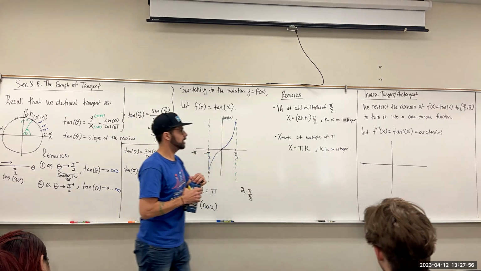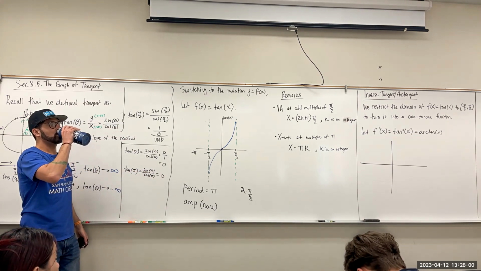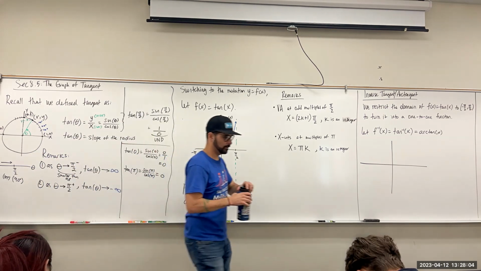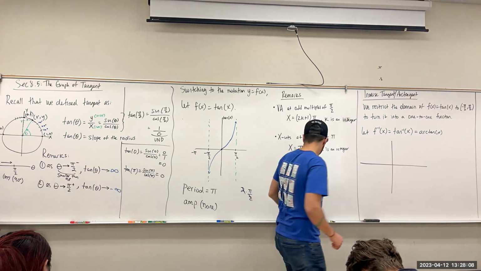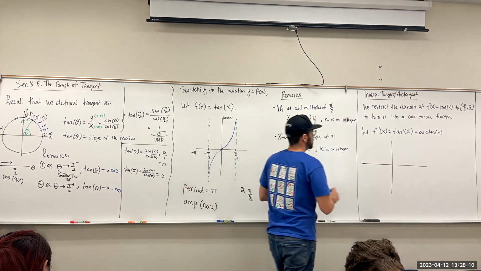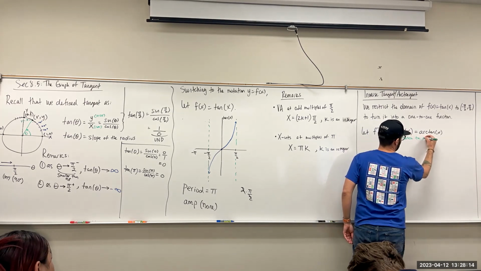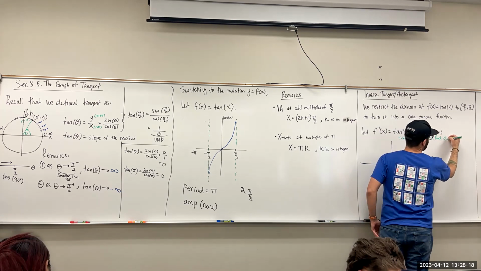Try to see with your classmates, see if you guys can sketch the graph of the inverse. Okay, let me write that. So sketch the graph. And then I want you guys to find the domain and range.